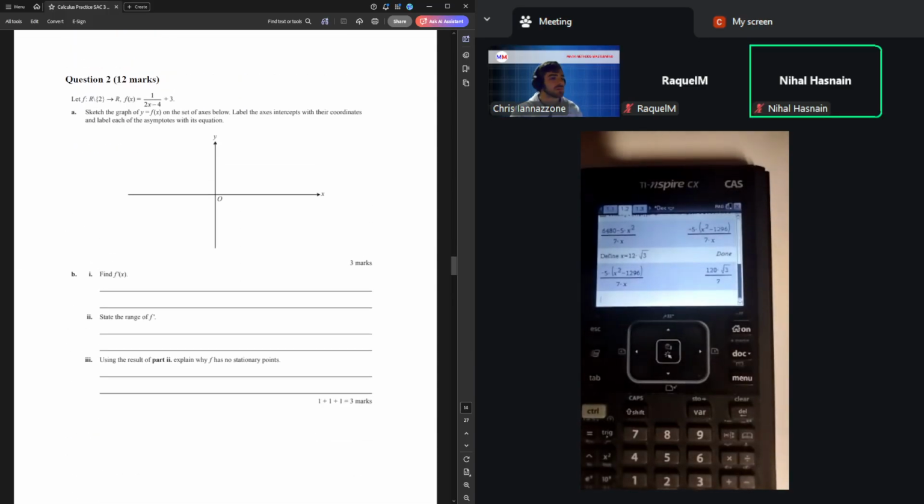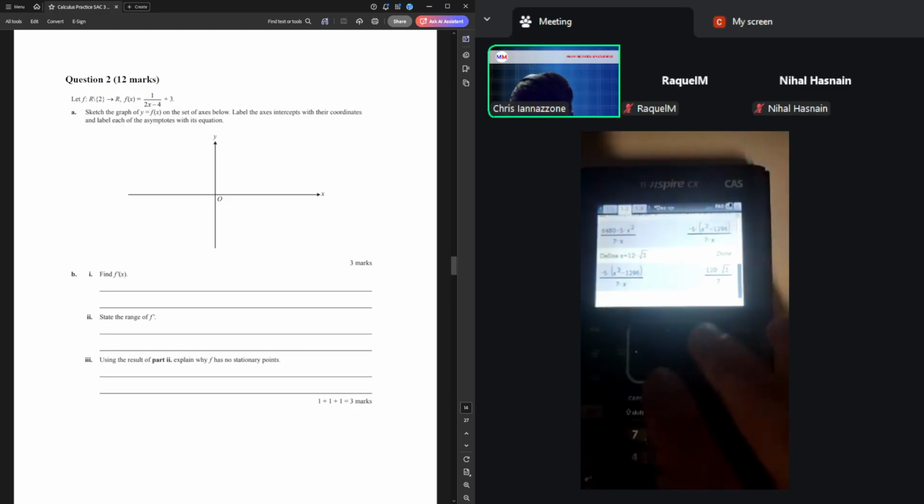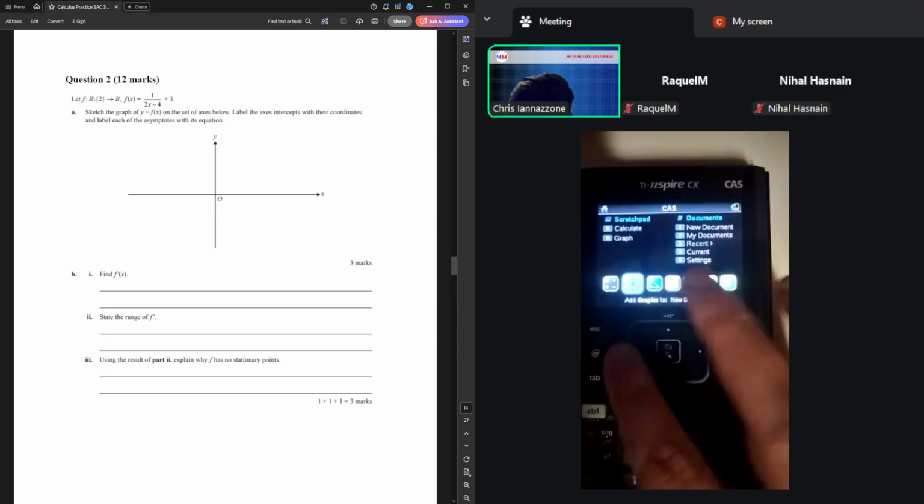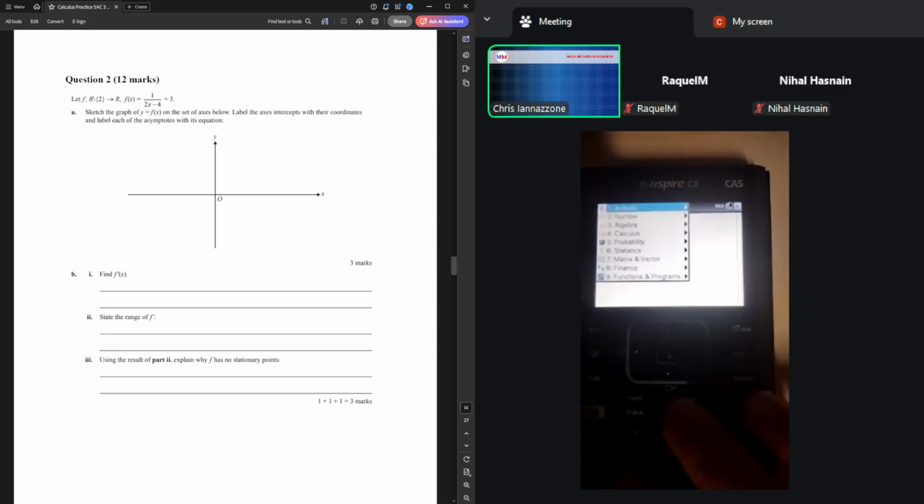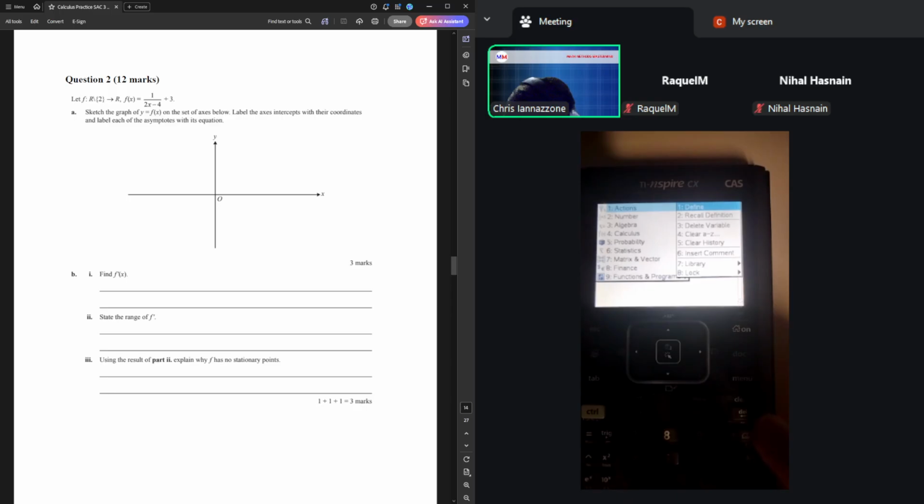Okay, next up we have a hyperbola. Sketching the graph, there's really not much to be talked about there. We have the CAS, we can just use it to get the sketch going. I'll get the graph going, and in the background you can have a think about the next parts. First I've got to make sure I kill the definition of x.